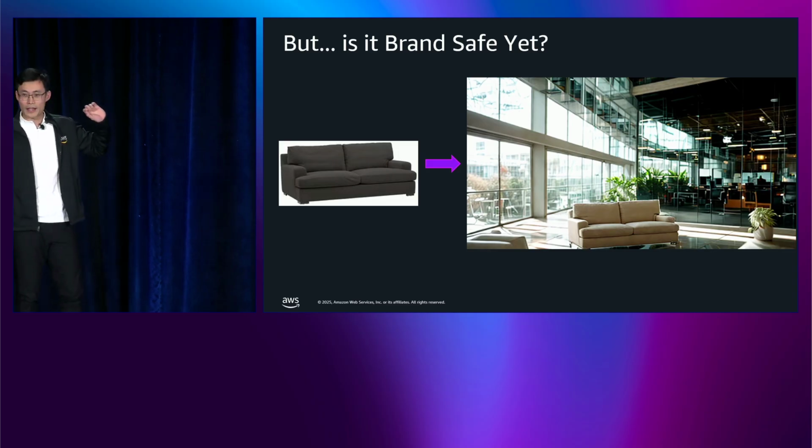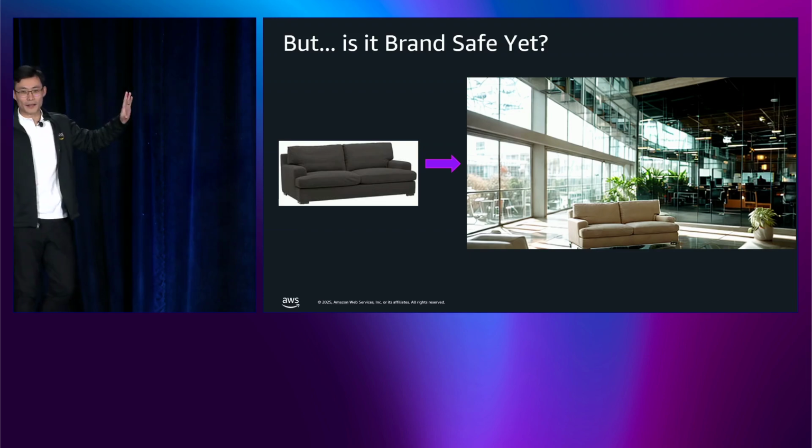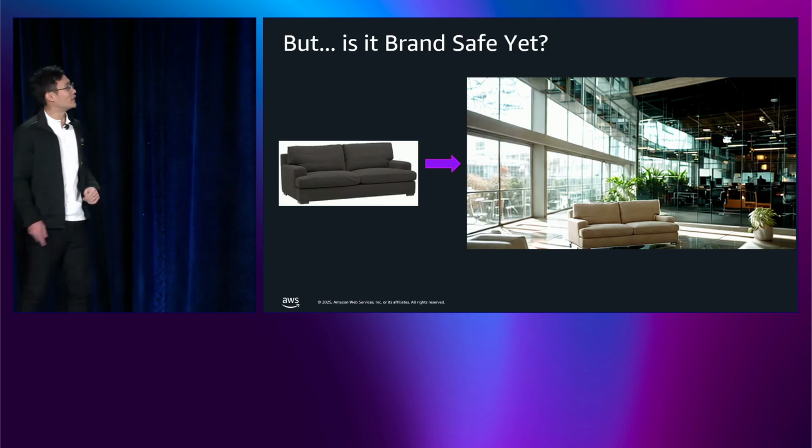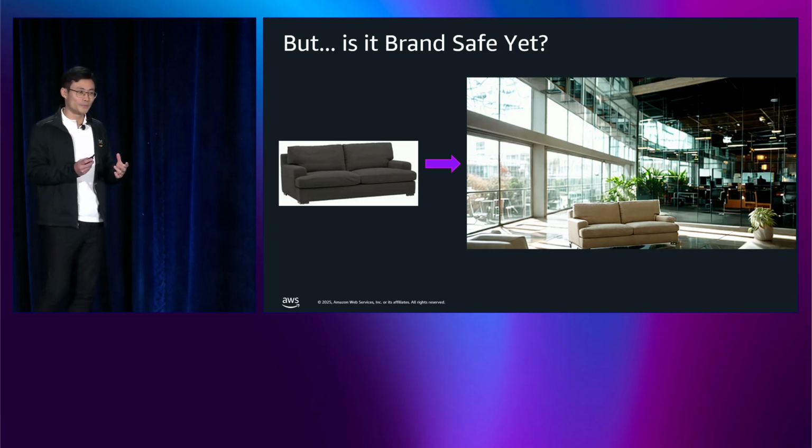And then, okay, you get an output like that to your right. Everything looks great at first glance, right? You have this beautiful floor windows, you have this nice lighting in the background. But if you notice, the texture and the color of the sofa changes, right? And there's actually not an easy way for you to modify it.